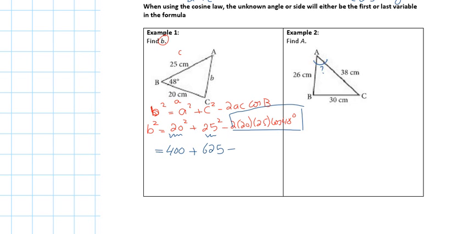And that is going to be 669.13. 0.1 is fine, 0.13. And now you can enter them all together. So 400 plus 625 minus 669.13.